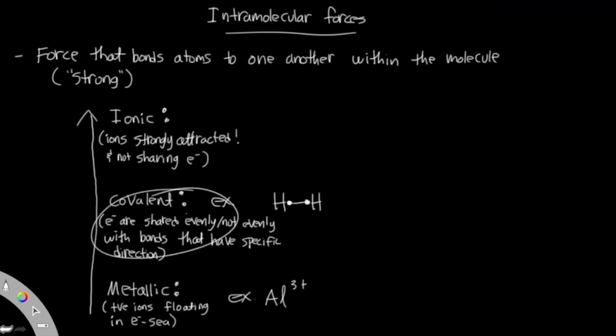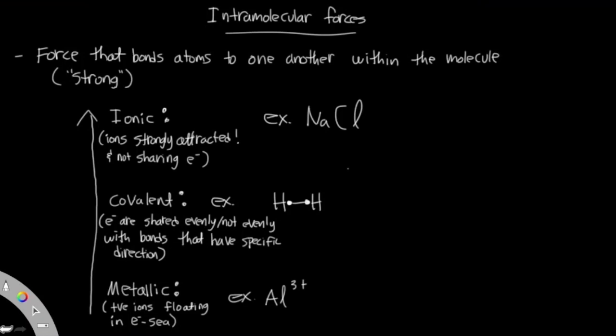In contrast to covalent, which is all about sharing the electron, so it's not as strong. Ionic, not sharing the electrons, so the electrons that are being passed from one ion to the other belong a lot more to one over the other. And this tends to be a lot more powerful. So a classic example of ionic is NaCl.